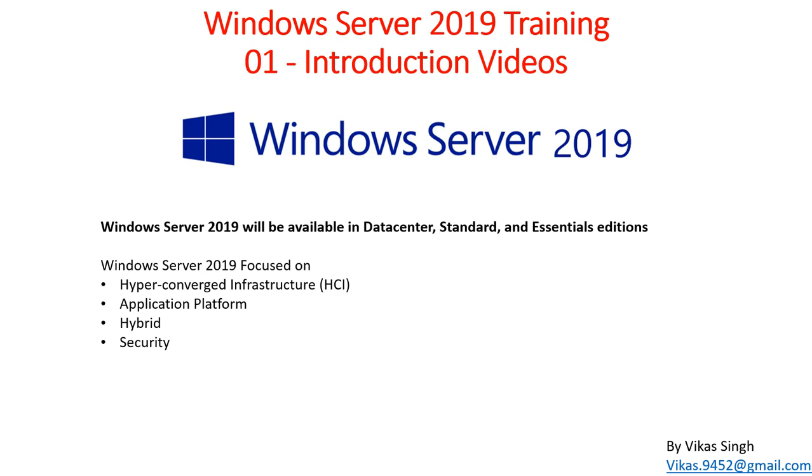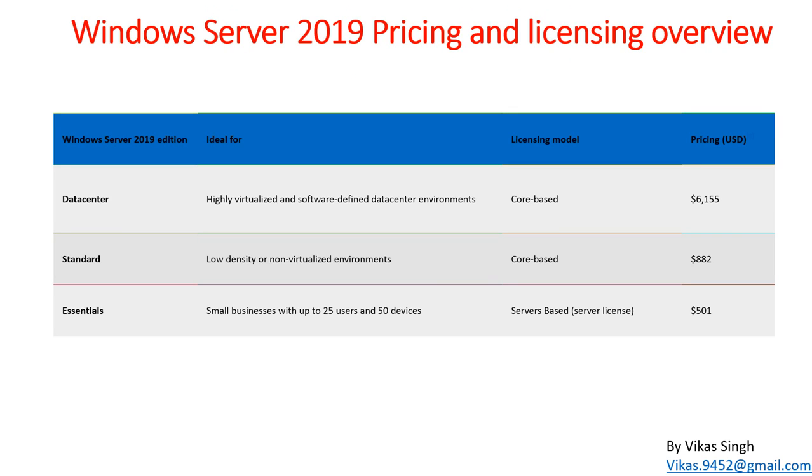So let's discuss the pricing and licensing overview. Based on the 3 editions, you can see Windows Server 2019 comes in three editions: Datacenter, Standard, and Essentials. Datacenter is recommended for highly virtualized and software-defined datacenter environments.